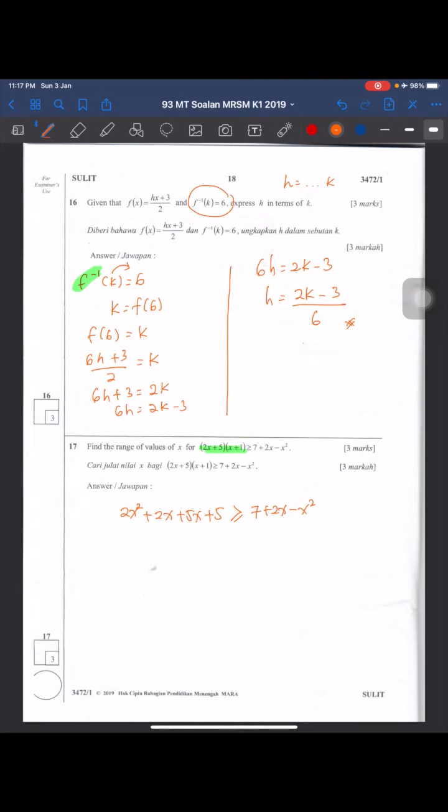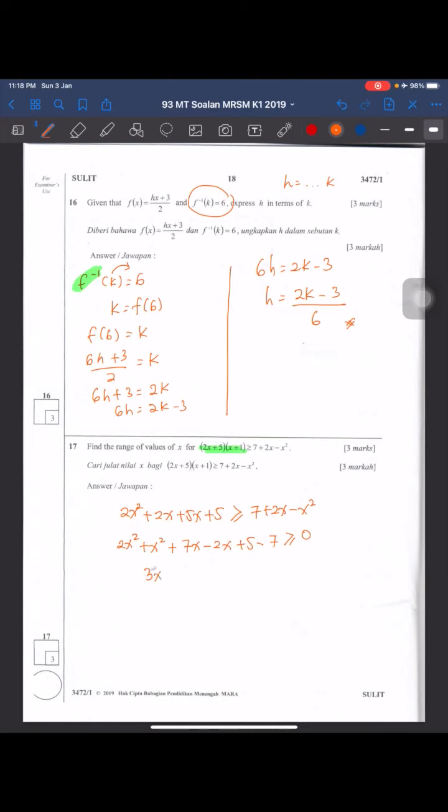So seperti biasa pindahkan semua ke sebelah. So we have 2x square plus x square plus 7x minus 2x plus 5 minus 7 is more or equals to 0.